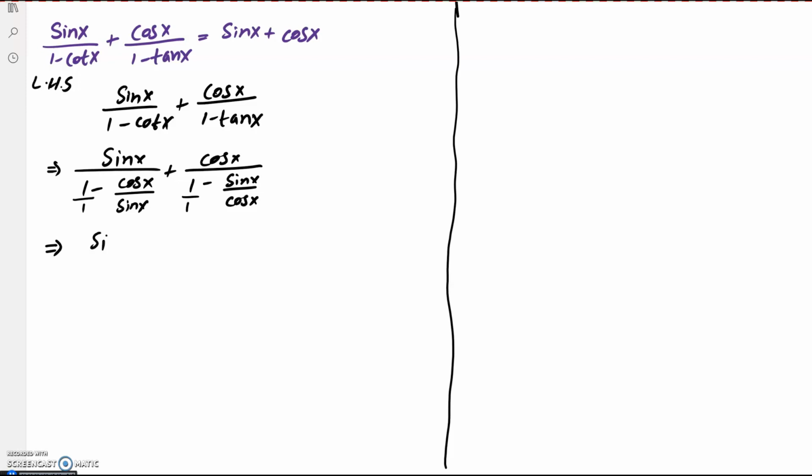So you're going to have sine x over, I'm going to multiply this term with sine x over sine x to make the same denominators, cos x over sine x, plus cos x over, here I'm going to multiply with cos x to make the same denominators.